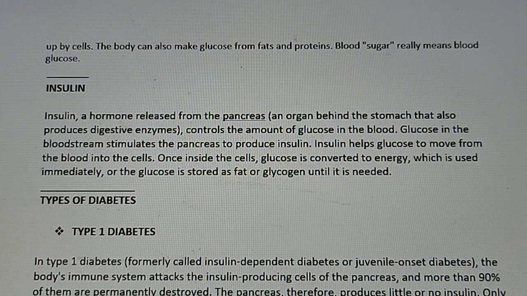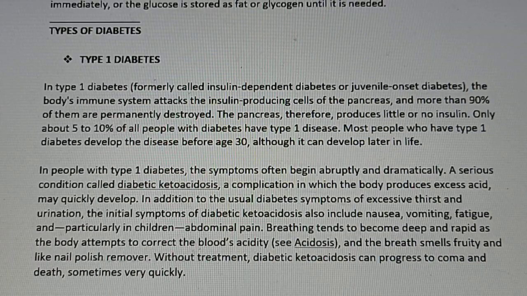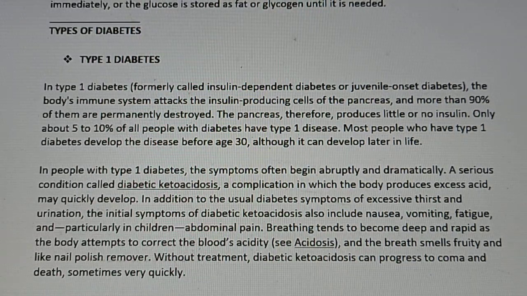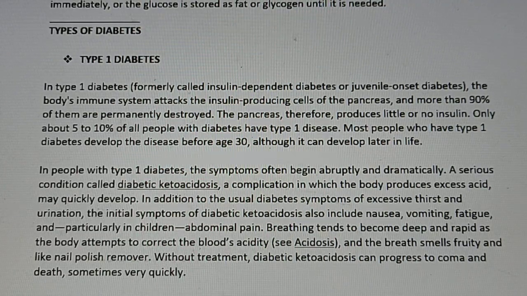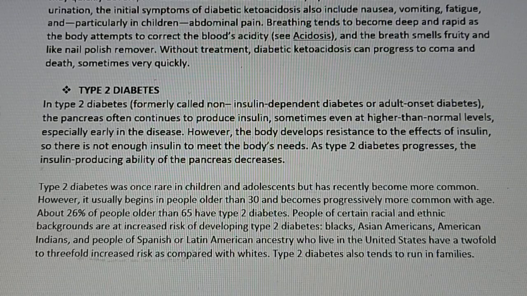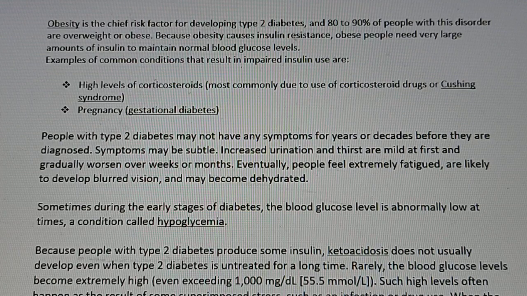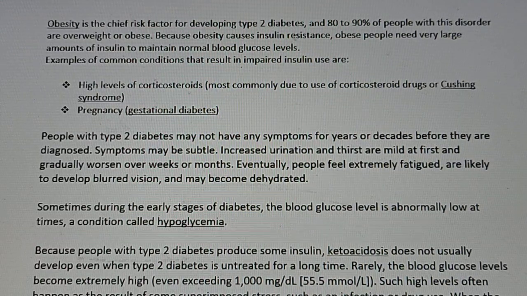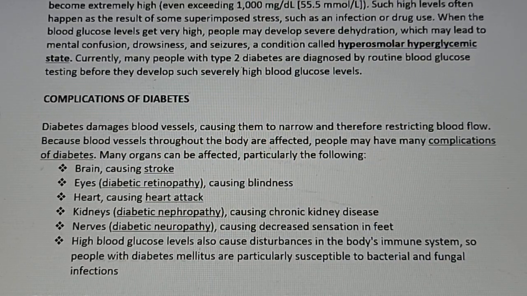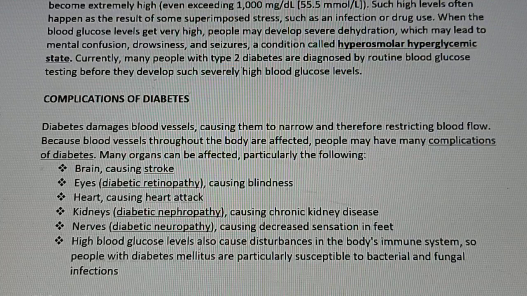Type of diabetes, we have diabetes type 1. Just read on this. We have type 2 diabetes, so just take a look at this information. There's obesity information for a diabetic person or client. Just read on this. There's a list of complications of diabetes. Just read on this.